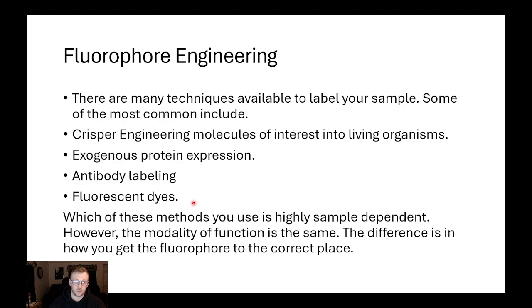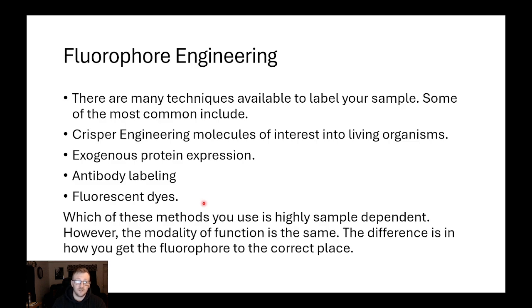You generally just throw it in there and you're done. Like I said, this is a chemical, not an actual protein. Dyes are chemicals that are meant to interact with things. For example, I use a lipophilic dye that interacts with the phosphodiester backbone of things to label them. This is a highly sample-dependent process. Some things work better than others.